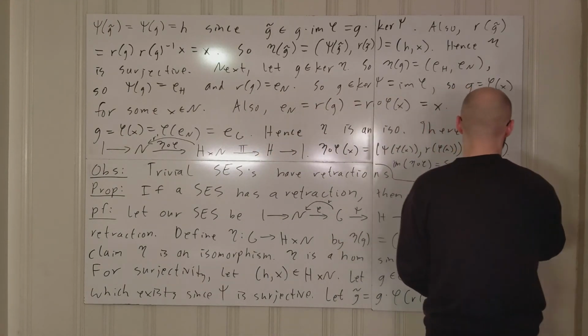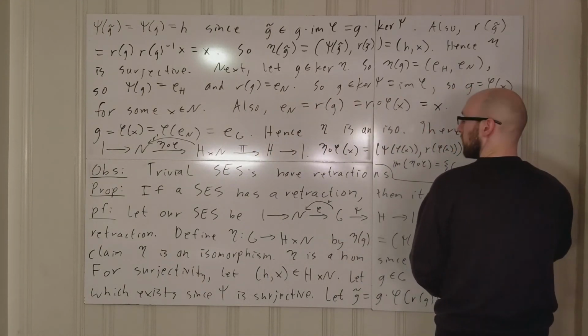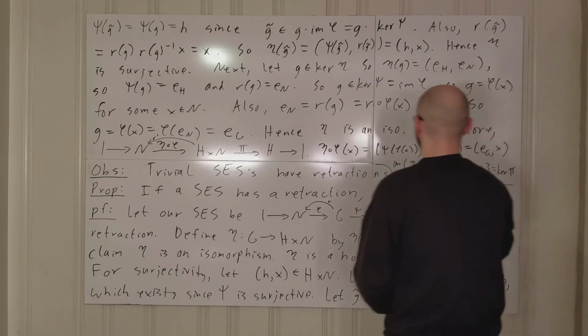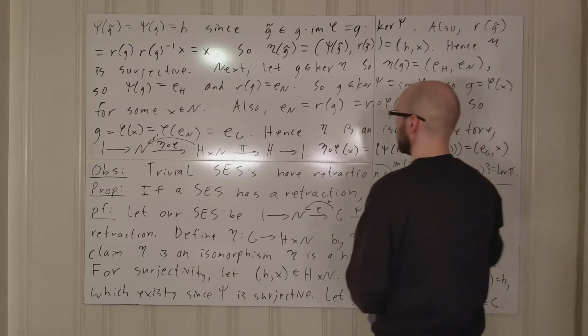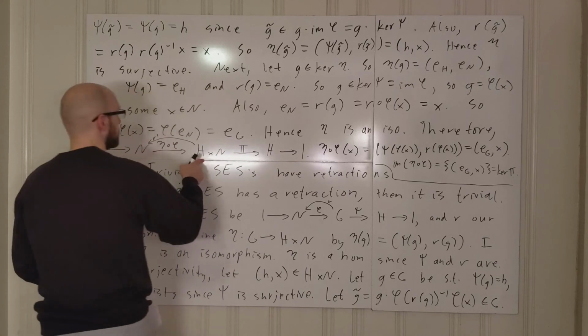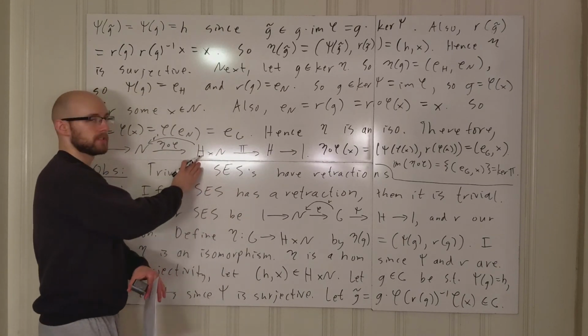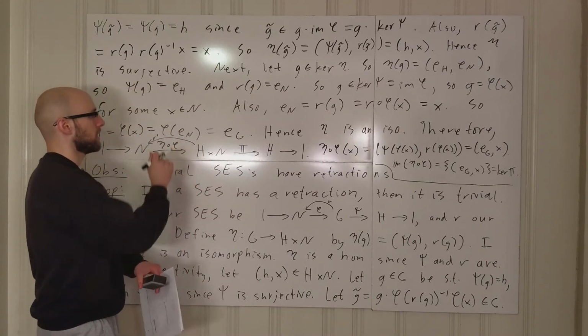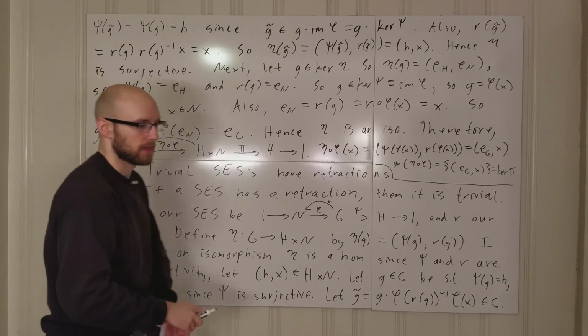And so this is the kernel of pi. And so therefore this is indeed a short exact sequence, and it does have a retraction there.